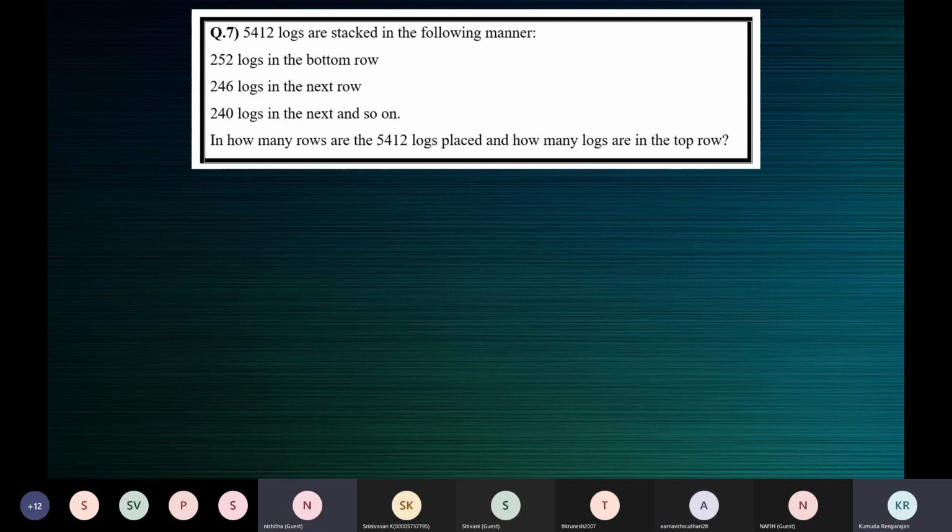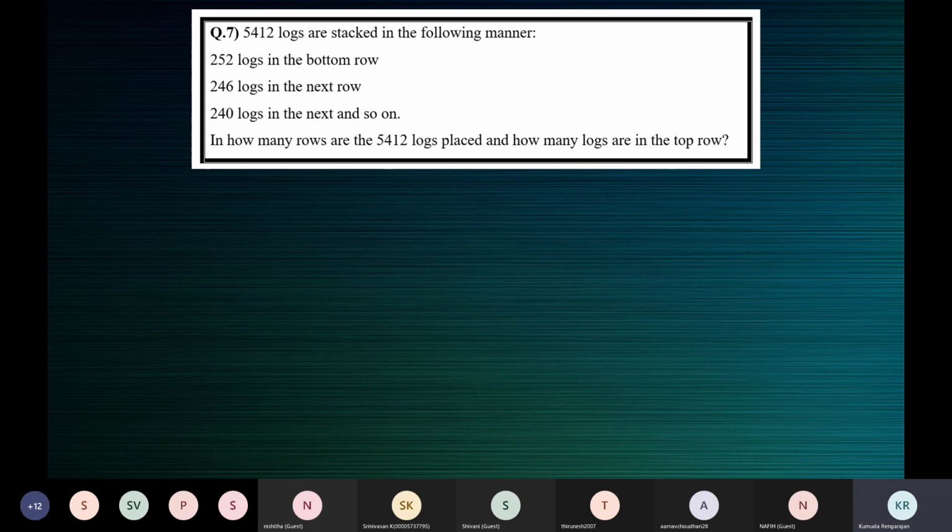A3. 5,412? Can it be AN? No, AN means it's a particular term of the AP. There are only 5,412 logs in all. How can that be a particular term of the AP?